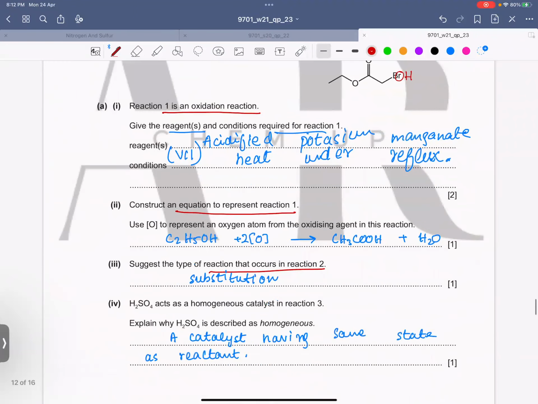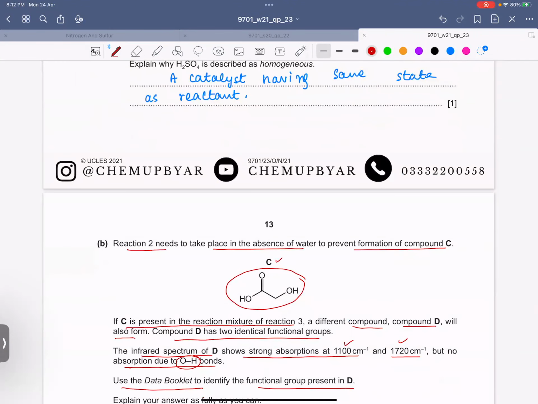And then they are saying that in compound D there is no absorption of OH bond, which means that D does not have an OH group. Is this understandable? If anybody has any doubt, kindly ask.